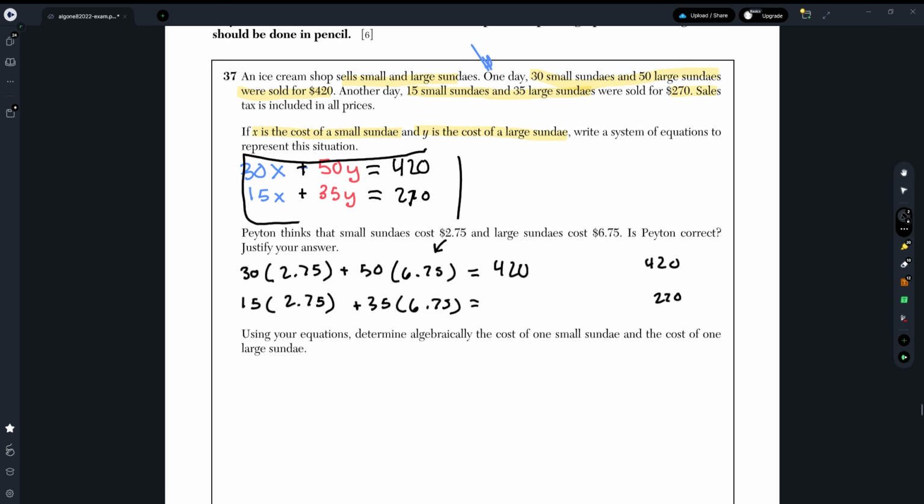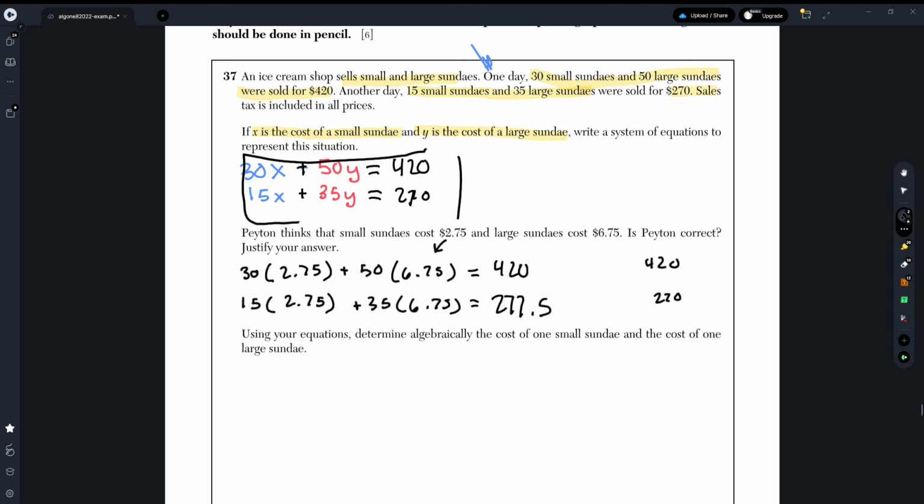And let's look at the second one. 15 times 2.75 plus 35 times 6.75. Oh, it appears Peyton made a mistake. This is equal to $277.5. So he's wrong.